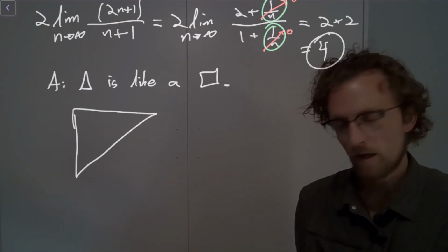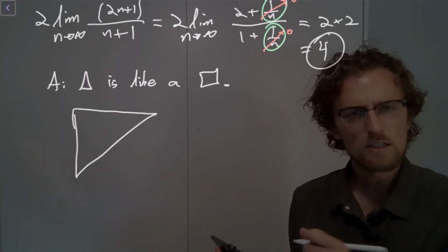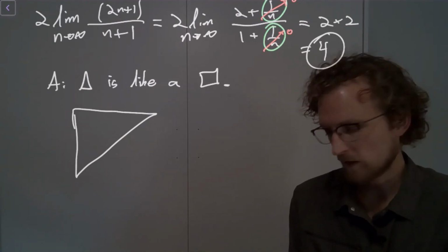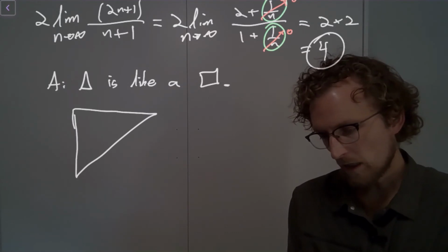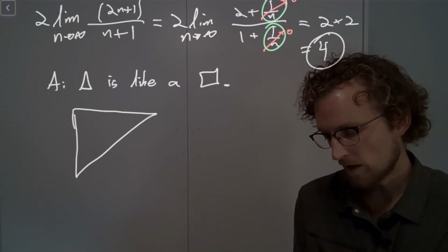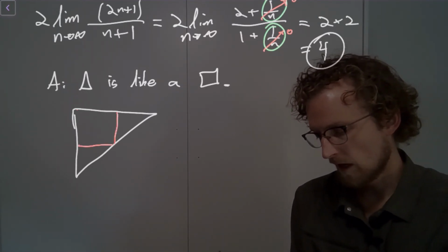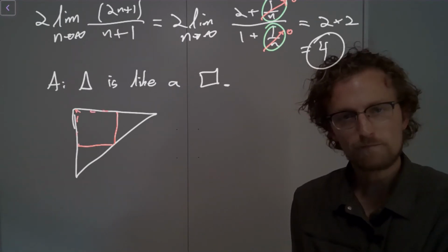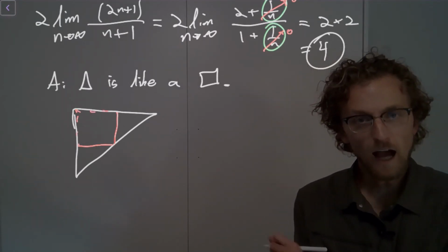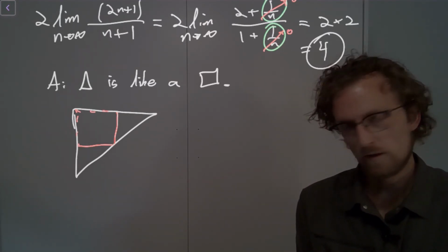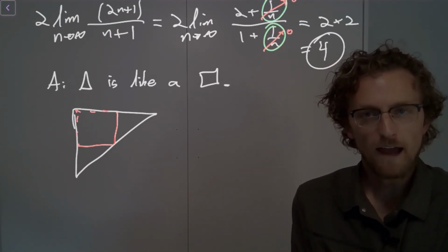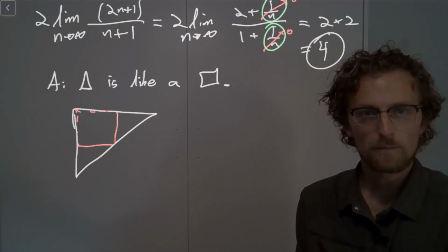Suppose this triangle is actually perfect and it has a 90-degree angle and two 45-degree angles. What I can do is draw a square on the inside of the triangle. The area of this square has a constant relationship to the triangle. This square always has exactly half the area of the triangle, right?